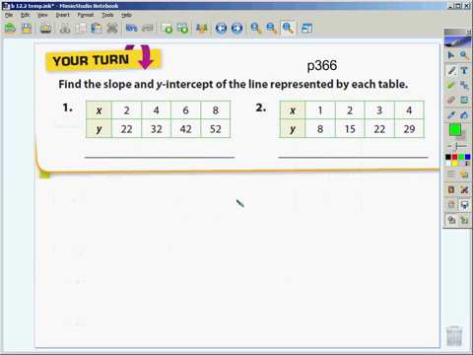Turn to page 366. They asked me to find two things. M and B, the y-intercept. How do I find slope?